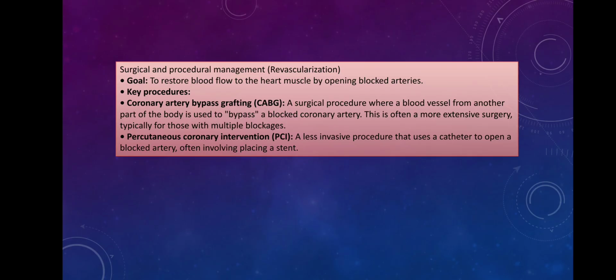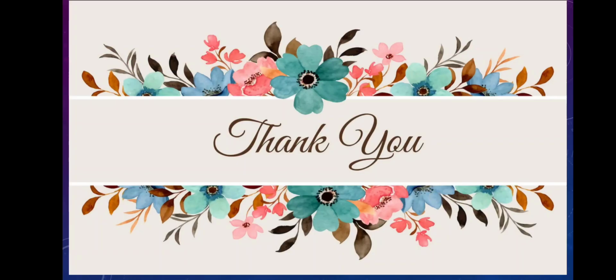Then percutaneous coronary intervention, a less invasive procedure that uses a catheter to open blocked arteries, often involving placing a stent. Okay, in this procedure we can rectify the ischemic heart disease.